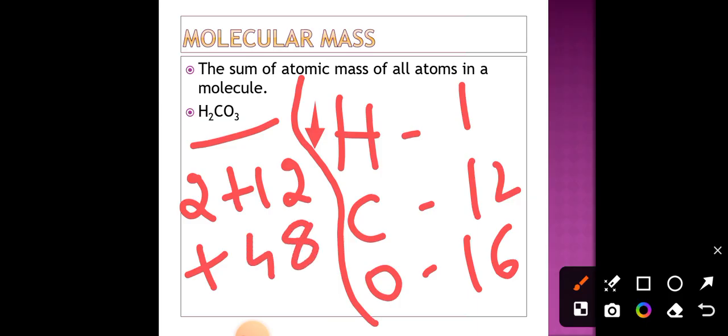So if I have to add all of them, what will be the answer? 12 plus 2, 14, 14 plus 48, 62. So 62 is the molecular mass of carbonic acid H2CO3. So that's the way we solve.